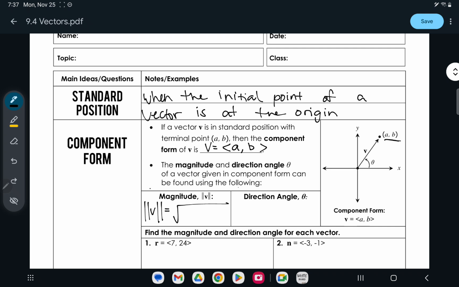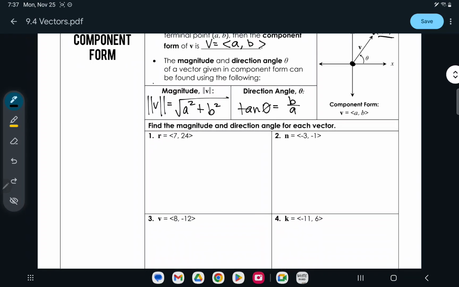If we have point A and point B, A is the x, B is the y, and that original origin, you'd have A minus 0 squared, so A squared, and then B minus 0 squared, so B squared. And then the direction angle theta would be found by tangent theta is B over A. Now these should look familiar, right?